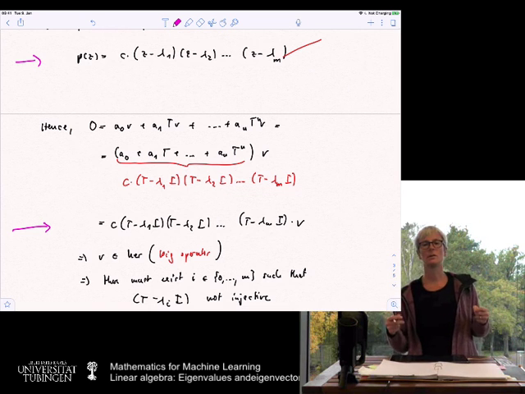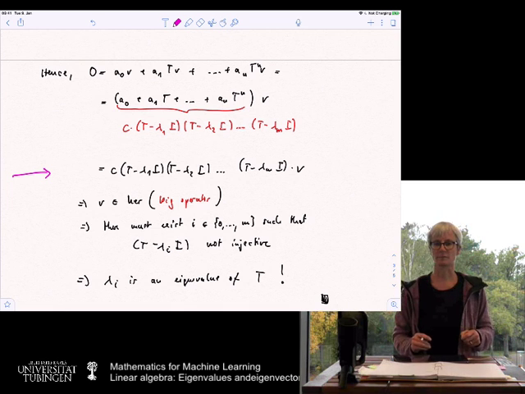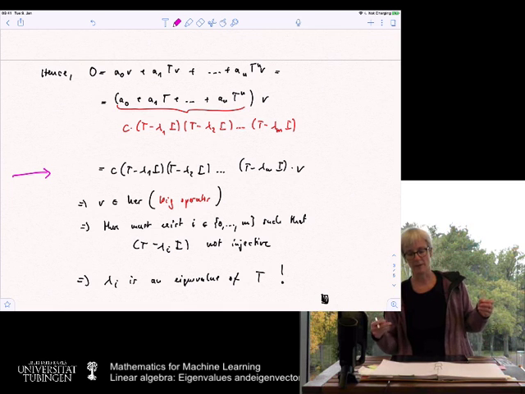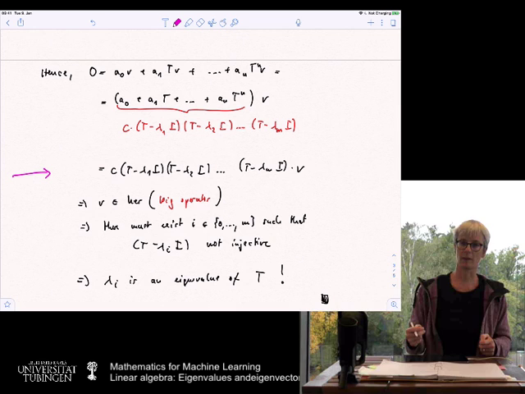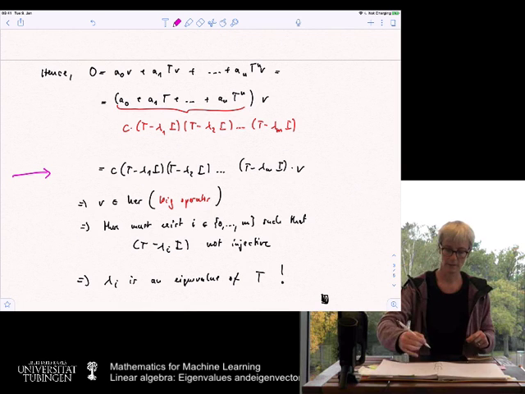And now we know that at least one of these factors applied to this vector v that we chose in the beginning needs to be non-injective. So v is in the kernel, so this mapping is not injective. So we found an eigenvalue.